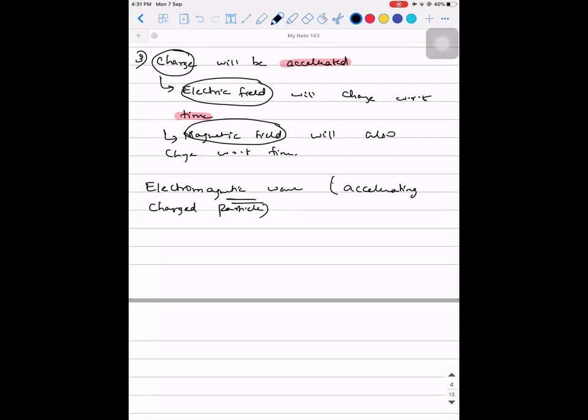An accelerating charged particle is the one which is responsible for the electromagnetic wave. Is it clear? Please make a note of it. This is just a one mark question: what is the source of an electromagnetic wave? Answer: accelerating charged particle. That's it.